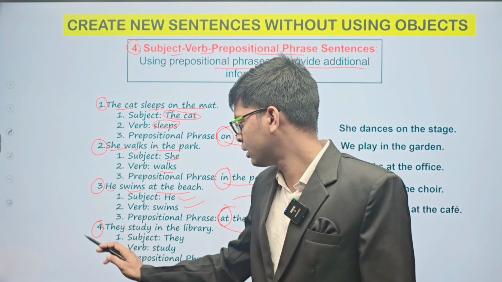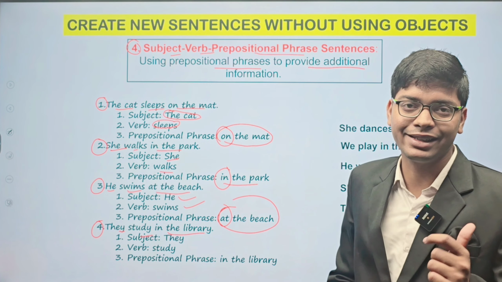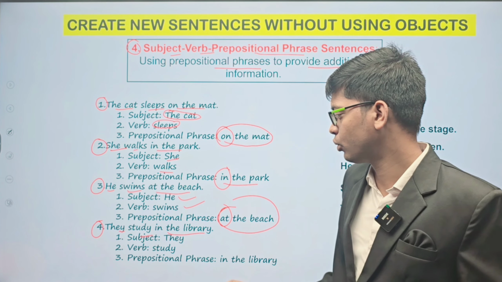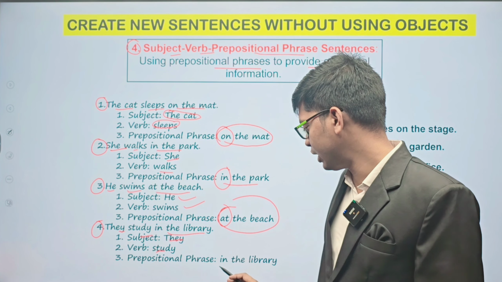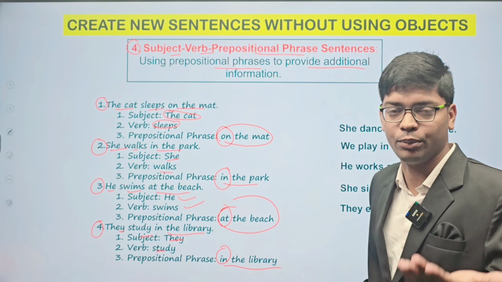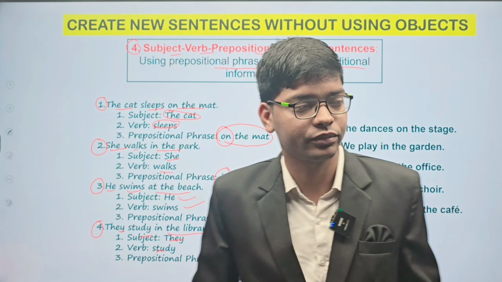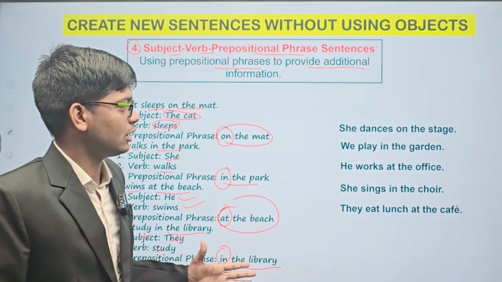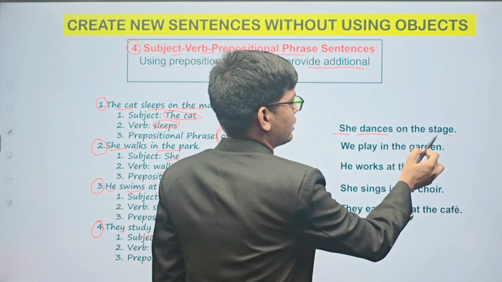Next one, they study in the library. The subject is they, the verb is study, and in the library is the prepositional phrase, because in is a preposition. Next example, she dances on the stage.